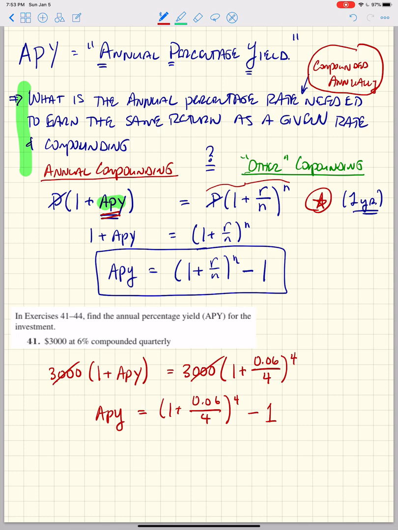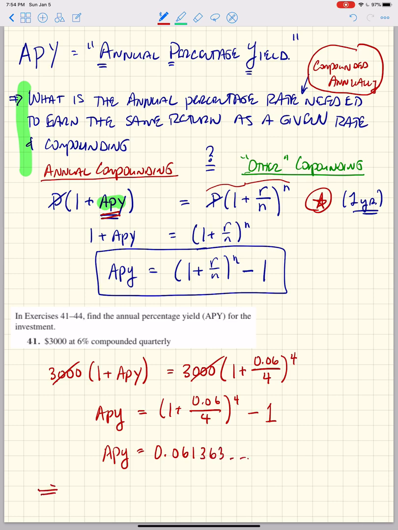Okay. Now I'm going to go to my calculator on the side here and figure out what that value is. So I'm going to put in 1 plus 0.06 divided by 4, looks right, raised to the 4th power minus 1. And I get that my APY in decimal form is 0.061363, and it keeps going.